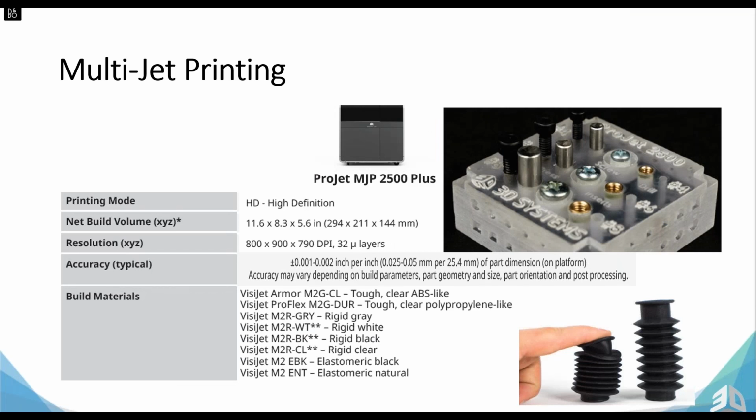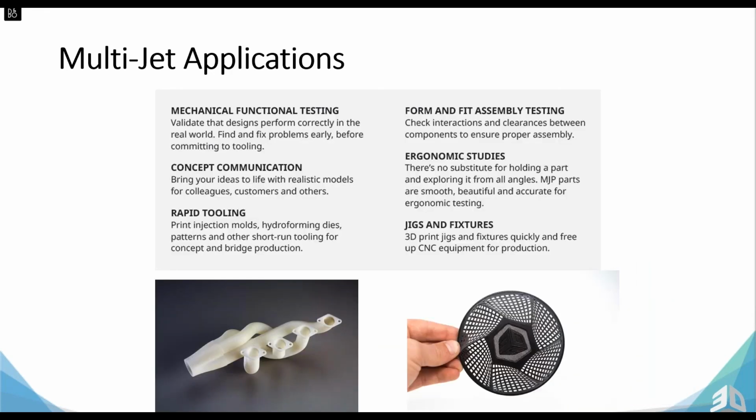The supports on this platform are a wax material that can be melted away during post-processing. And multi-jet printing is known for high resolution and accuracy. You can access a wide range of materials on this platform, whether it be high temperature, rigid materials, elastomers, clear materials, or various colors.